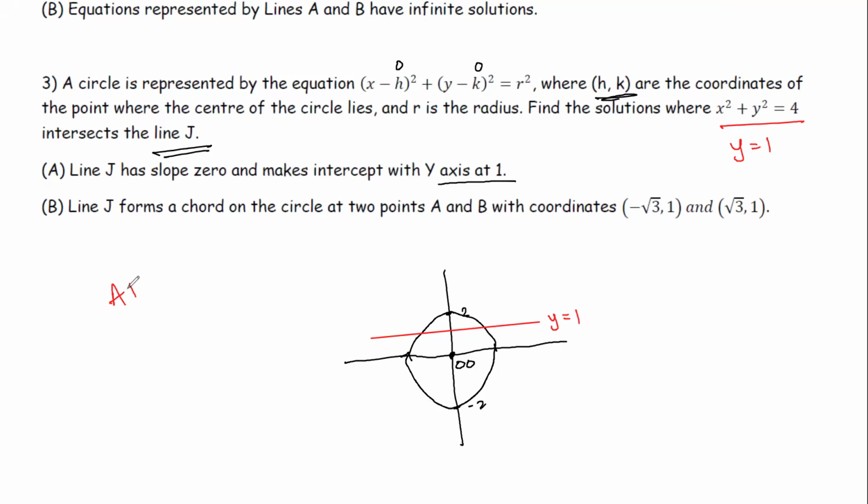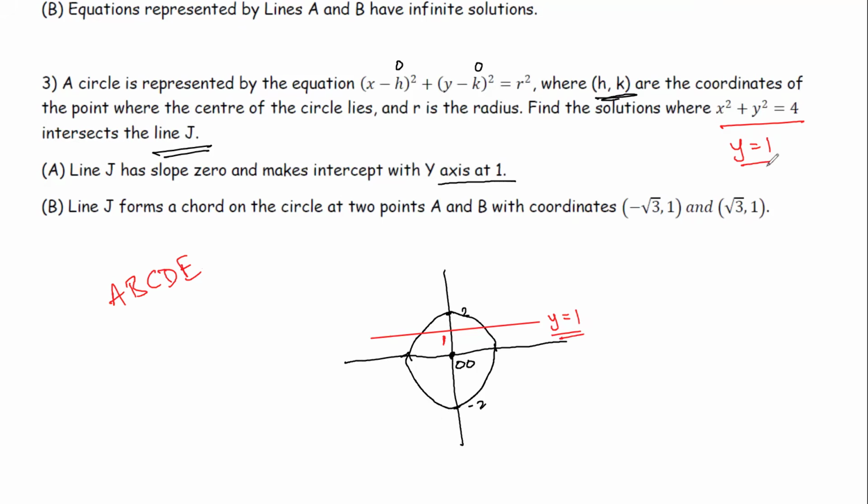According to statement A, the description of that line has the equation y equal to 1. So this is your 1 out here. Every point on that line has the y coordinate 1, but the x coordinate is different. So therefore, it's called the y equal to 1 line.